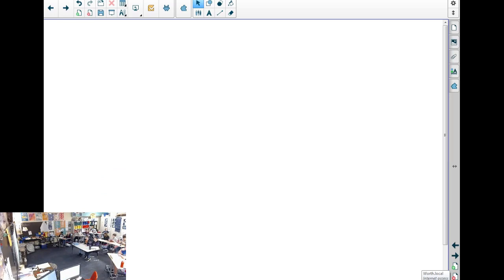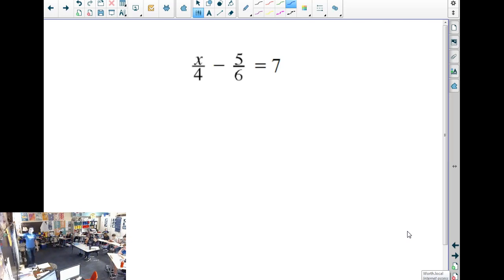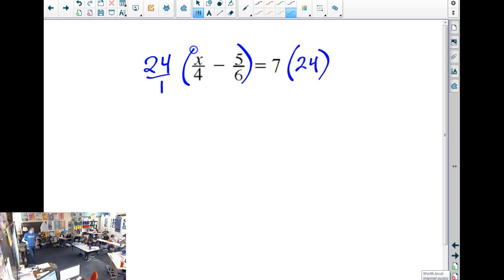So real quick, Ethan said multiply by 24. So let's go ahead and write down multiplication by 24 on both sides. Now this is going to be the way where I just show out all of the work. So this would then become 24x, 4.